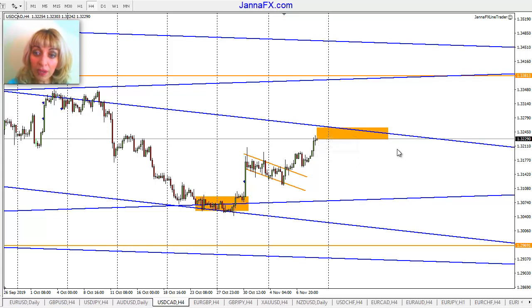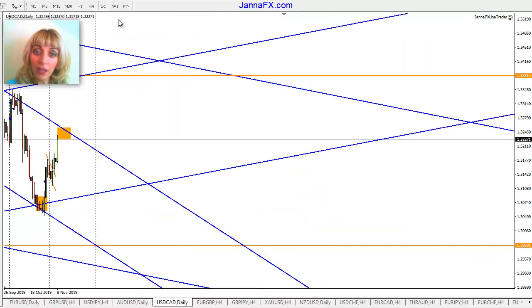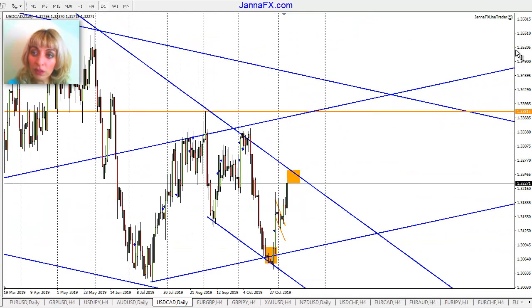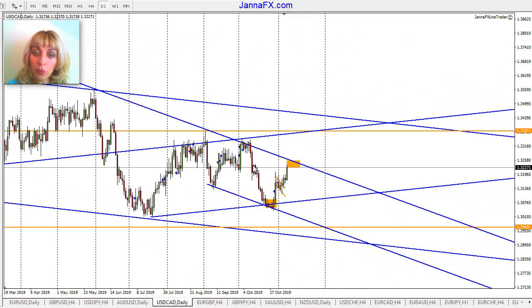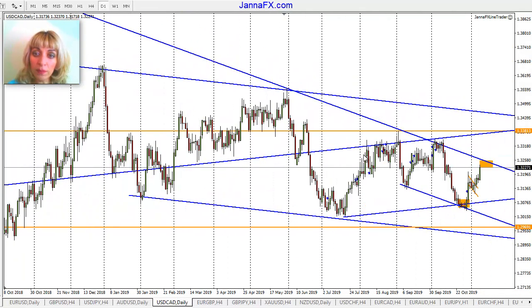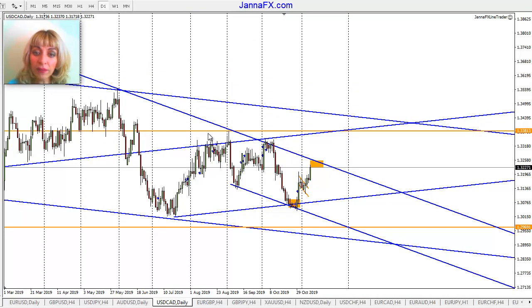So obviously now this is my next area, the next area for placing the orders, again in both directions. Why? Once again, because looking at a bigger time frame, on one hand we are in a big downtrend channel, as you can see, and we are having a bit of a correction in this channel.